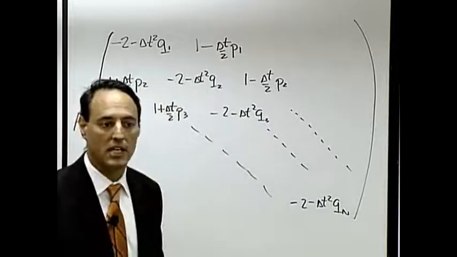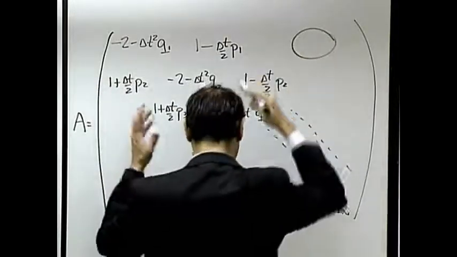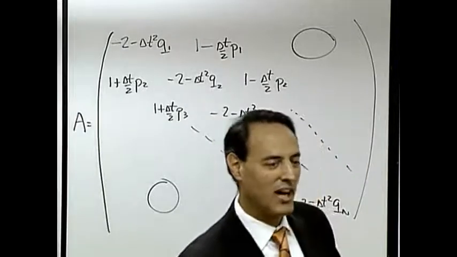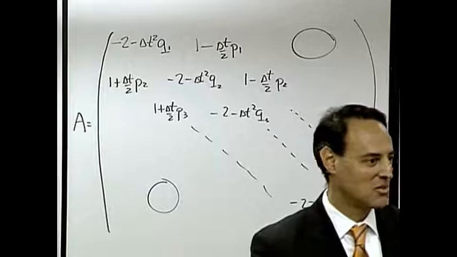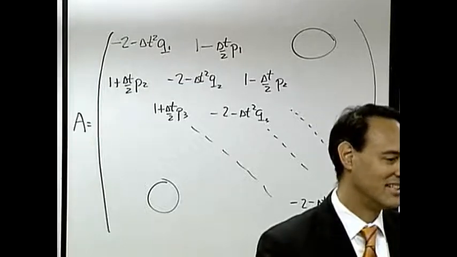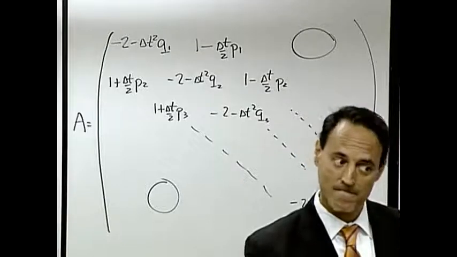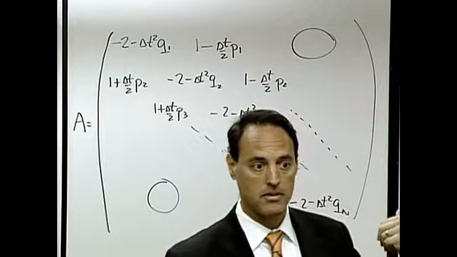What are the other matrix elements? 0. There's your matrix. Called tridiagonal. Tri for 3, diagonal for diagonal. See, I'm so good at Latin. All right, it's not even Latin. I don't know what it is. All right, so there you go. Everybody go with that? Tridiagonal matrix, that's our matrix A. So your job is to construct that matrix A.